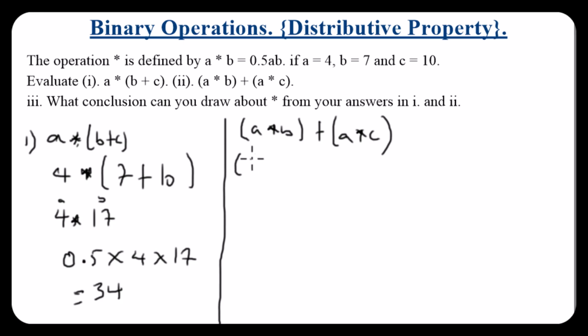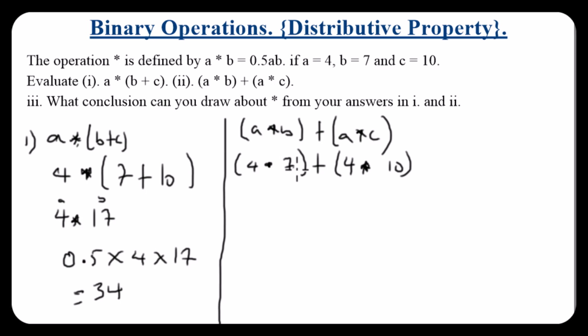Okay, so what is my A? A is 4. So this becomes 4 star 7 plus again 4 star 10. So we do them separately in the brackets. Anywhere we say star, the operation star, this is what has been defined for us.